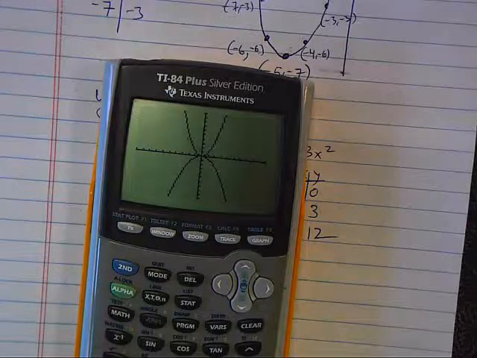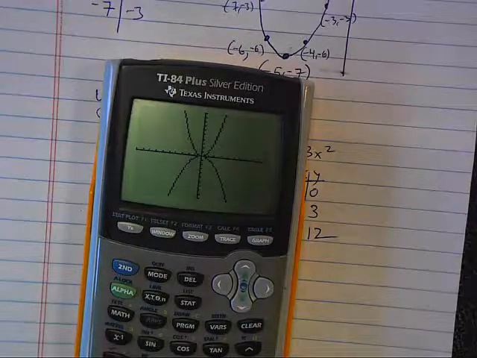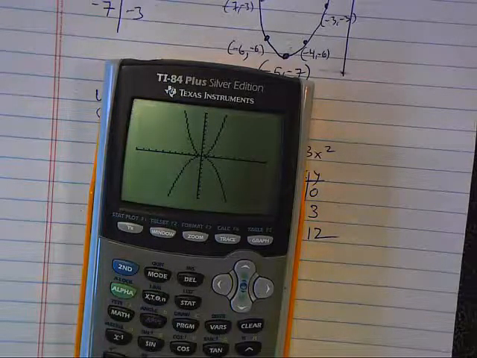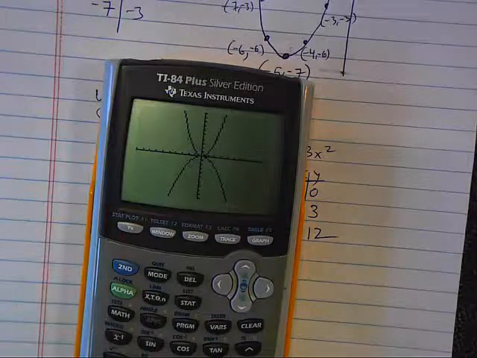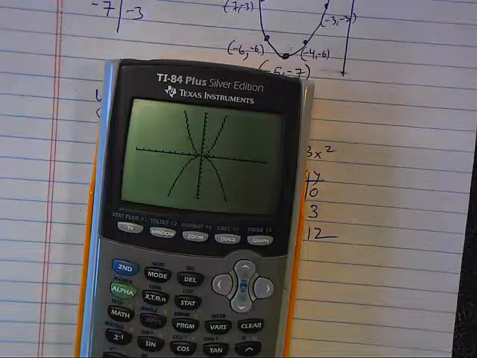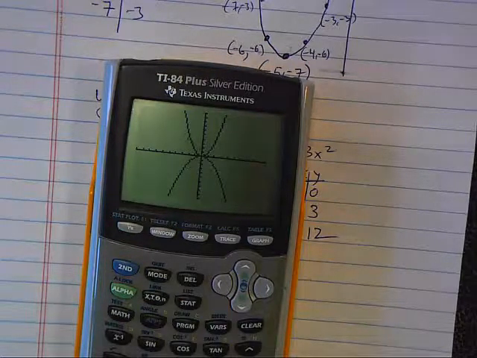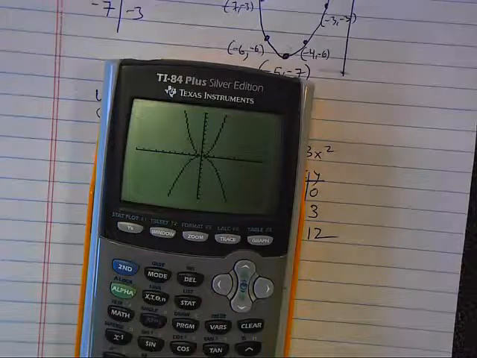So a controls two things. a controls direction. When a is positive, you're going to have a big U. When a is negative, you're going to have an upside down U. And then a controls how wide it is. If a is a number bigger than 1, it gets tall and skinny. If a is smaller than 1, it gets short and fat.